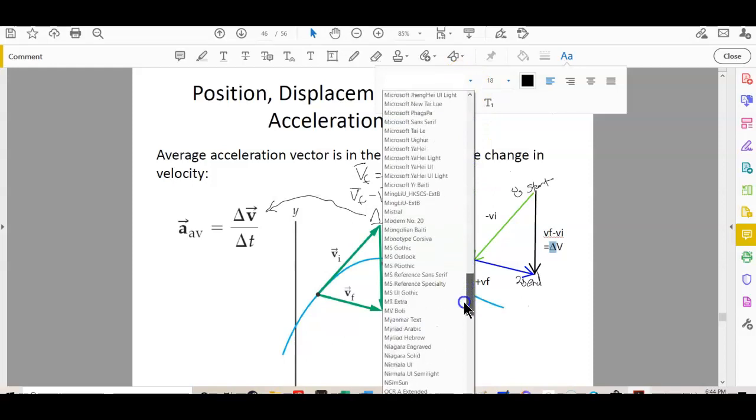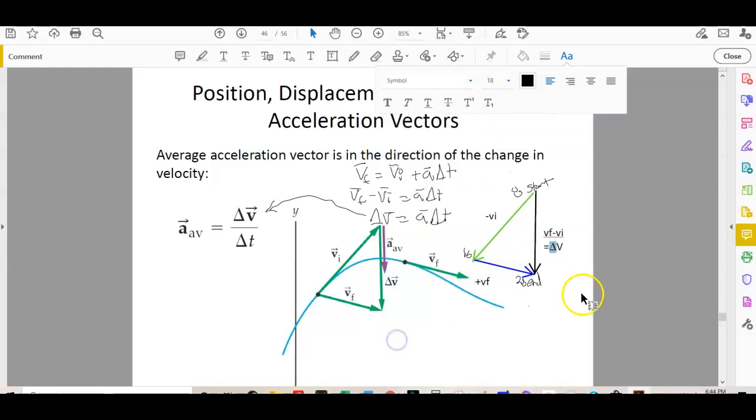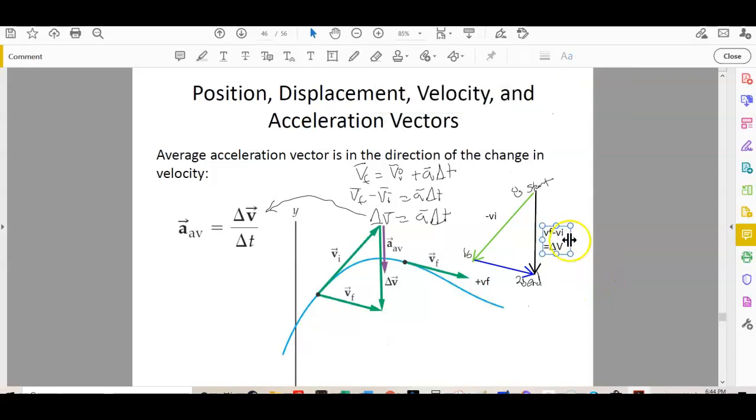Can I change it to a symbol? There we go. Now it's delta v. So notice this is now delta v.